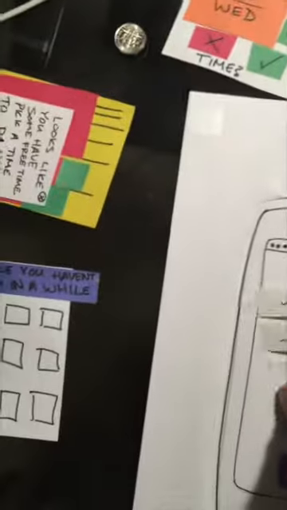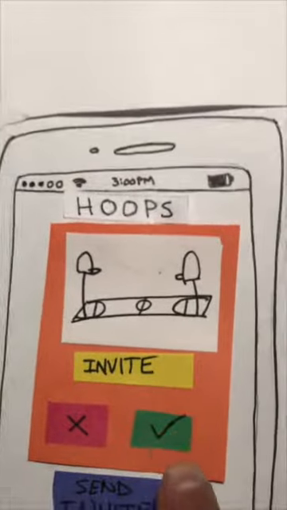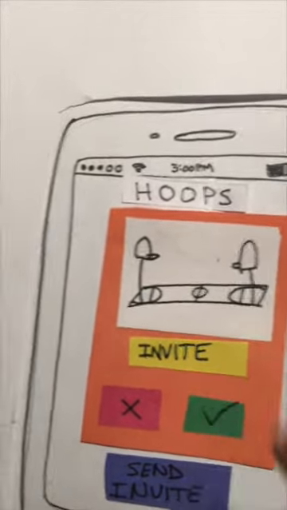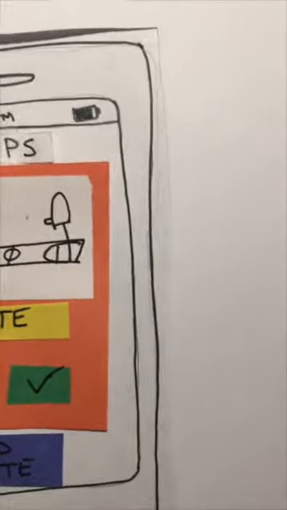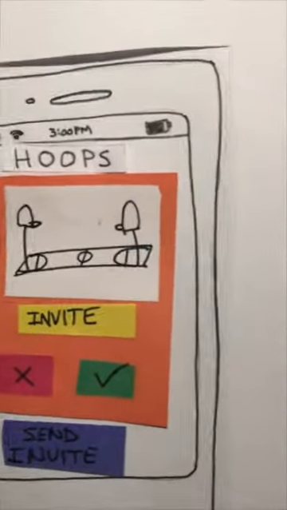Indeed. And then that brings you back to your screen here. After you do that, you can go like that, and you will then be able to sign into that game.